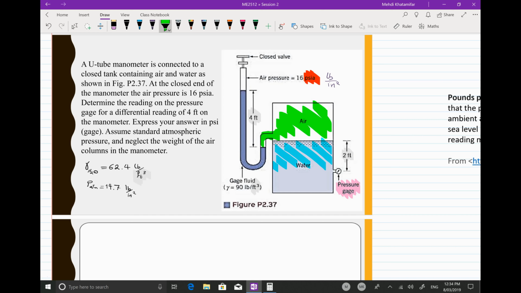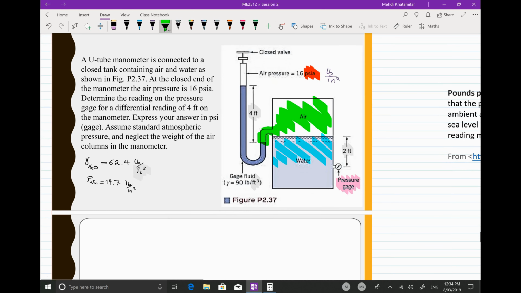For example, if we had a pressure increase in a few centimeters of water when we change the depths, for air we're not going to see that much difference. That is why we're not considering pressure difference because of the column of air here. So everywhere is going to have the same air pressure, so I can start from there.